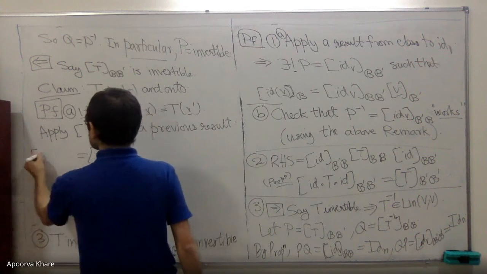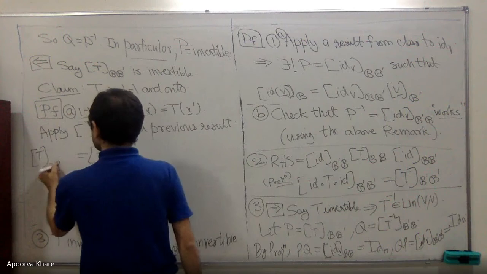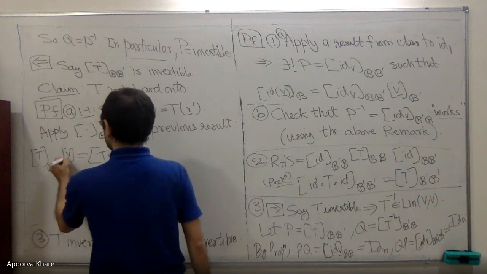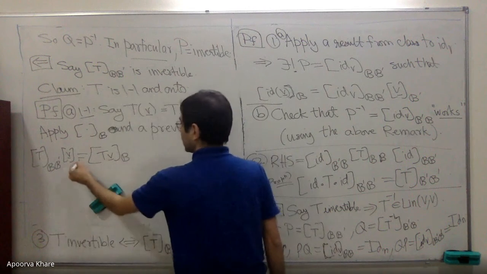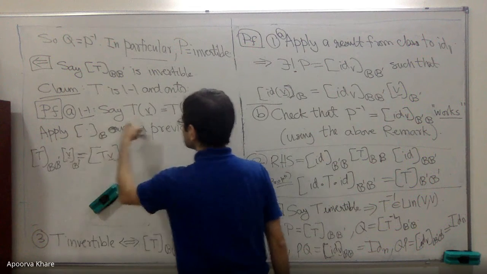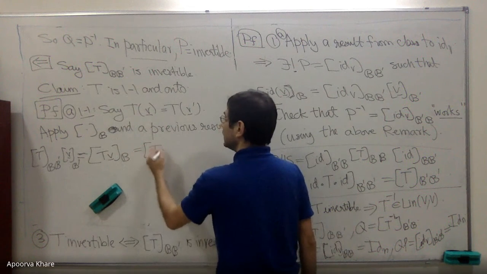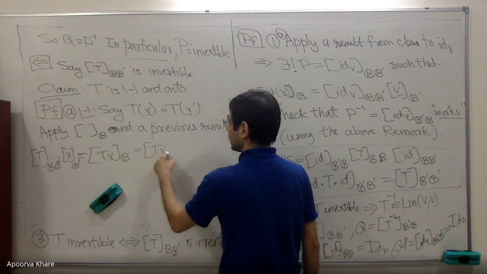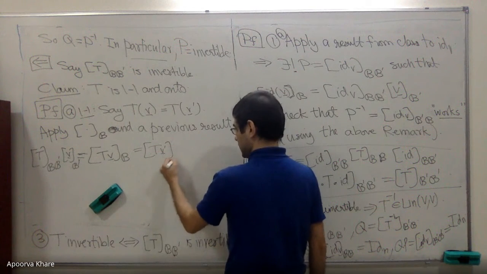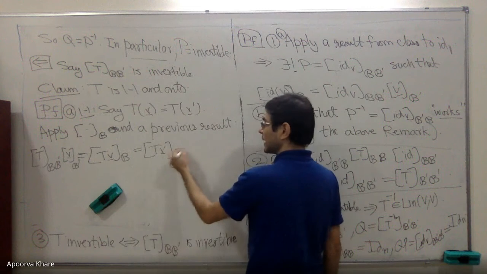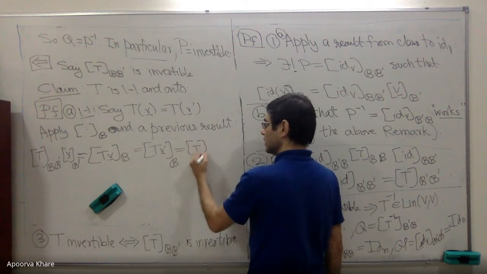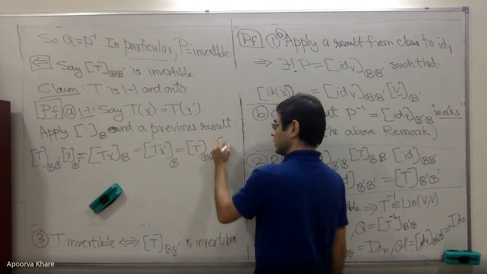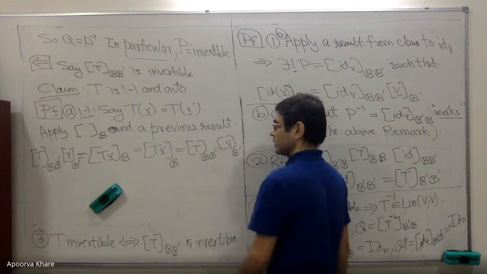On the one hand, that is equal to T_B,B prime times v with respect to B. Now, since T(v) equals T(v prime), this is equal to T_B,B prime times v prime with respect to B.